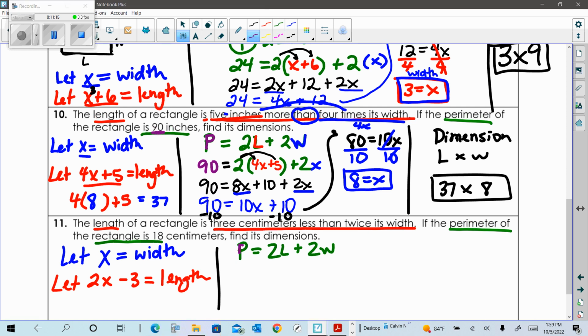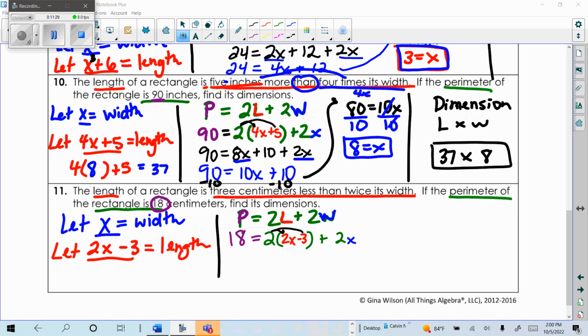The P, that's our 18. We have the length here, that's our L. We have our width, that was our x. So let's see if we can substitute the parts in correctly. All right, hopefully we have this, and let's see if you can solve for x, which will be our width.